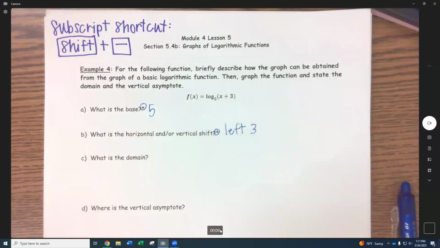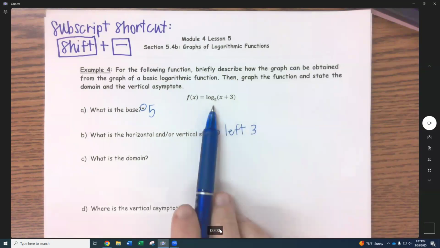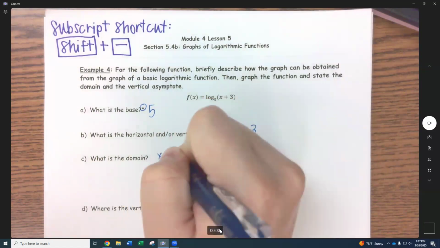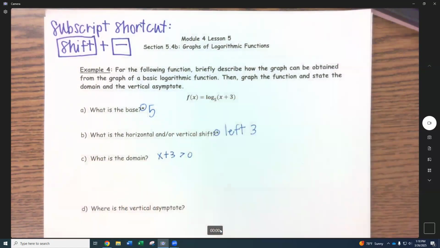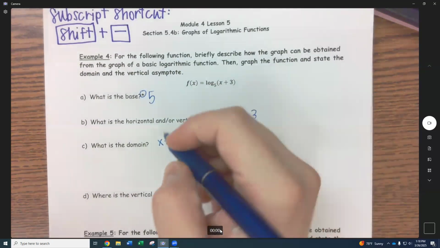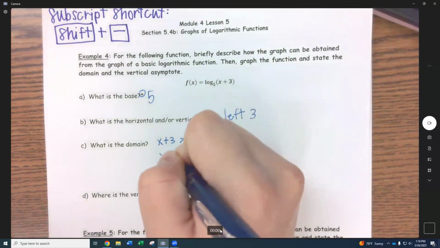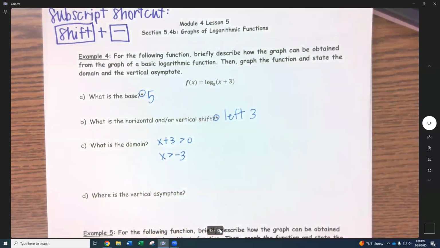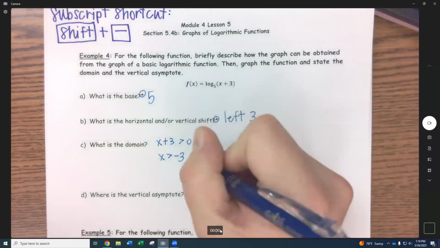What is the domain? That's what we did in the last video. You take what is inside the log, what is in your parentheses, and set it to be greater than 0. Remember, it cannot equal 0 because that's where you have a vertical asymptote. So here, subtract that over, and we get that x must be greater than -3. So I don't know how they want you to write this.